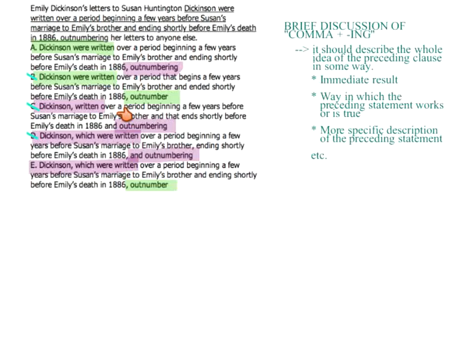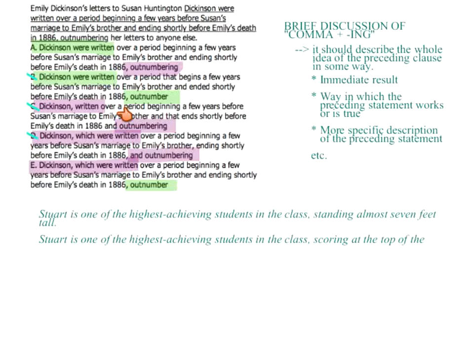Let me give you a couple of simpler examples first. If you say, Stuart is one of the highest achieving students in the class, comma, standing almost 7 feet tall. That is nonsense. But Stuart is one of the highest achieving students in the class, comma, scoring at the top of the scale on almost every exam.